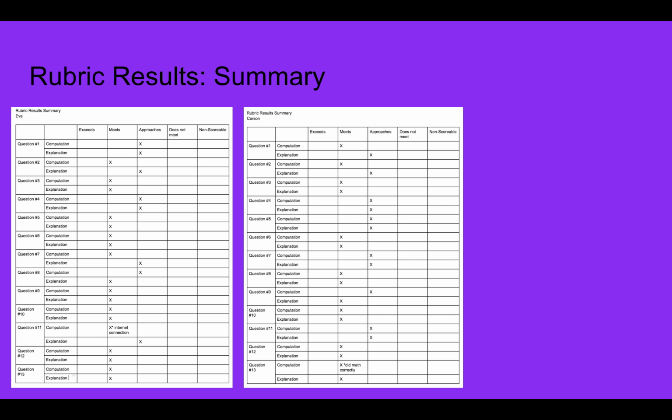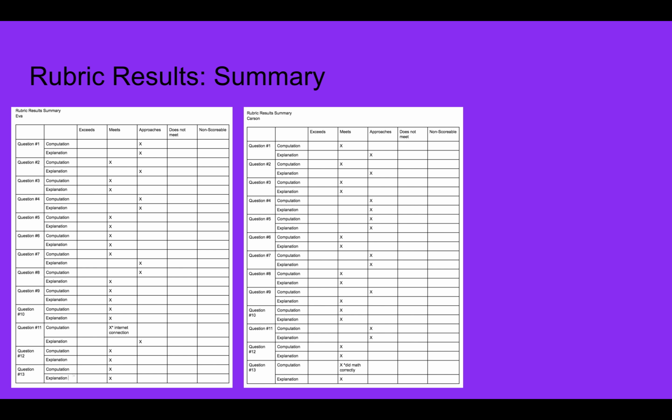Because the rubric was so long, what I created was a rubric summary. It was easier for me to mark down quickly, because my rubric was a page per I can statement, or question rather, and it was just too lengthy.